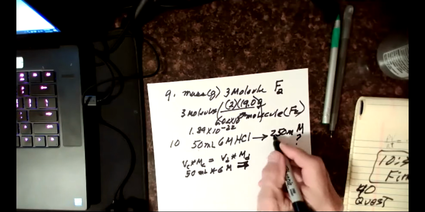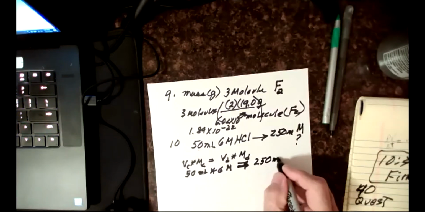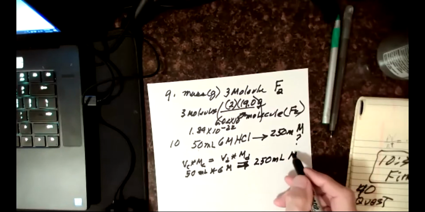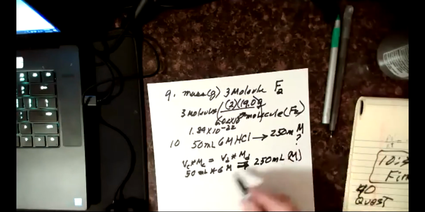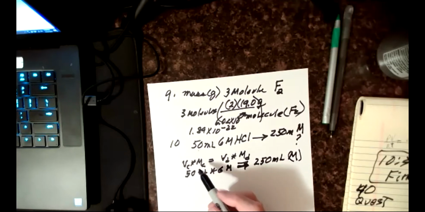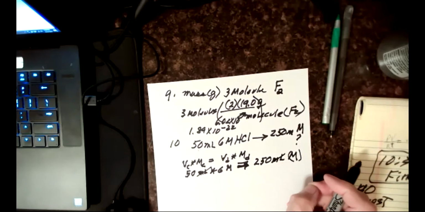250 milliliters times this new molarity. Now, I want to set it up like this so you can see if I keep the same volume unit on both sides, I don't have to convert to liters, because there's 50 milliliters and there's 250 milliliters. The volume cancels out.